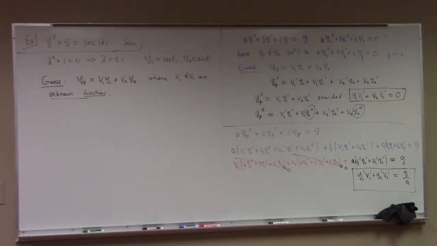A, B, and C in this derivation could equally well be functions. It doesn't change anything we've done, by the way. So look at that. This is nothing more than the 2 by 2 matrix equation: Y1, Y2, Y1 prime, Y2 prime, times the column vector V1 prime, V2 prime, equal to 0, G over A.